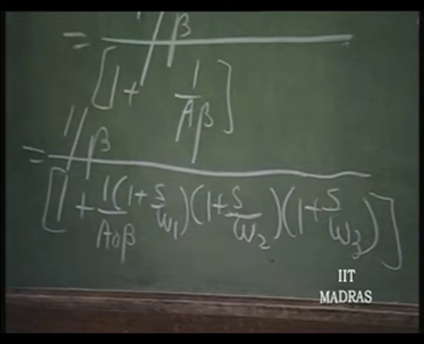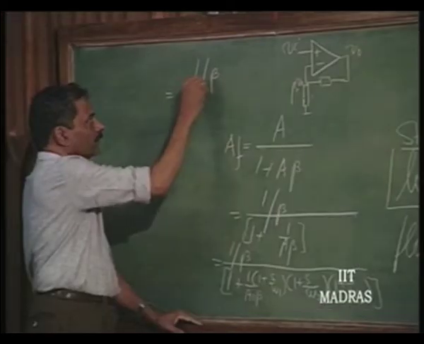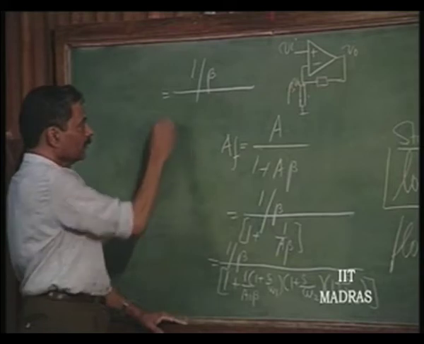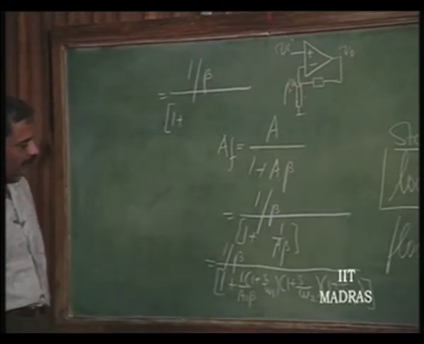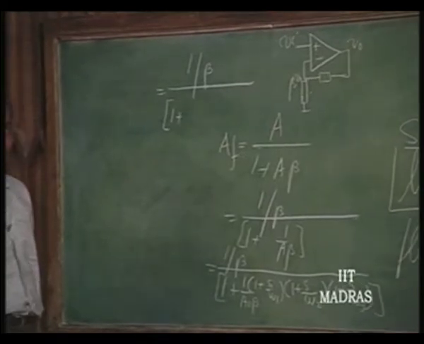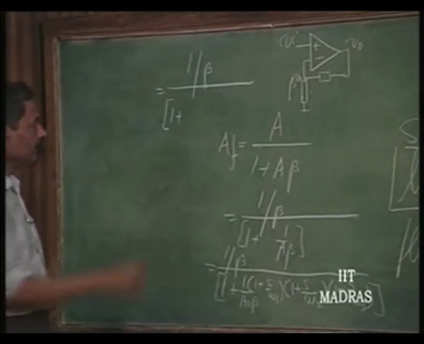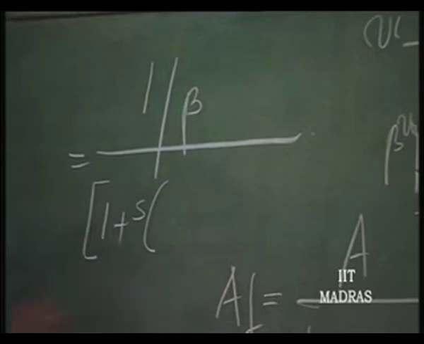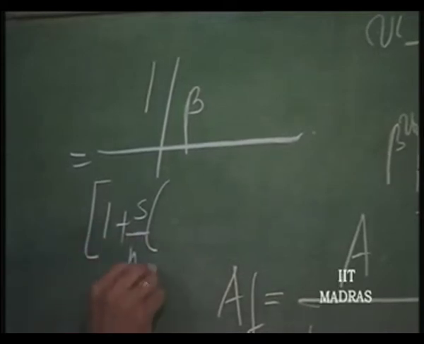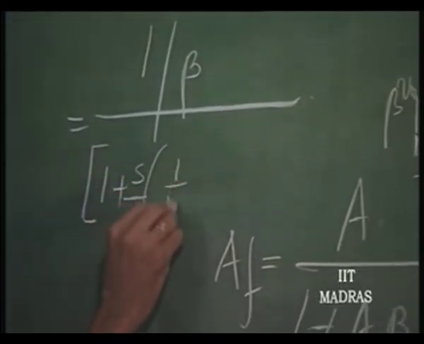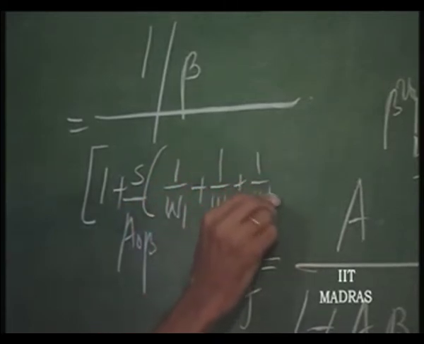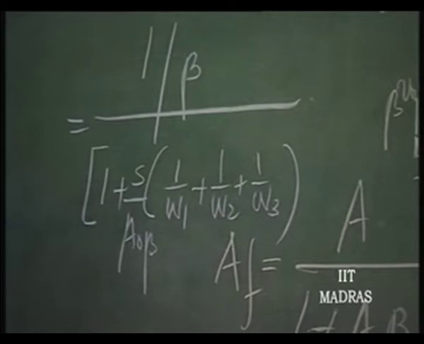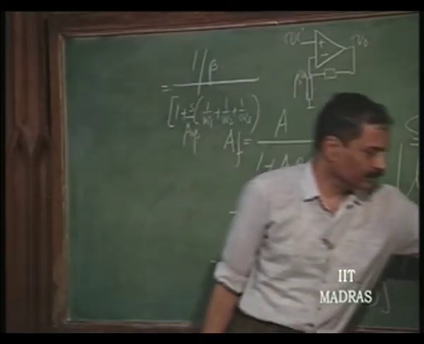So, what happens here? 1 over beta, by 1. Then it will have a coefficient of S, which is S into 1 by A naught beta, 1 by omega 1 plus 1 by omega 2 plus 1 by omega 3. This is one part.